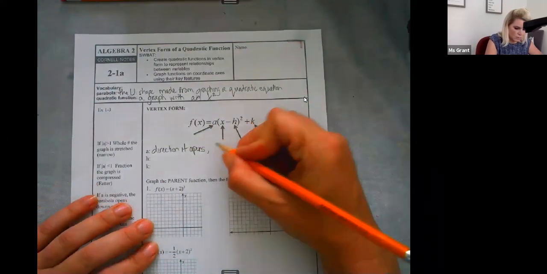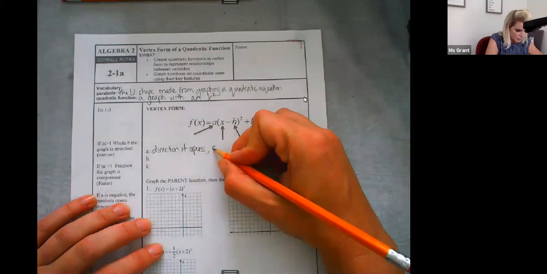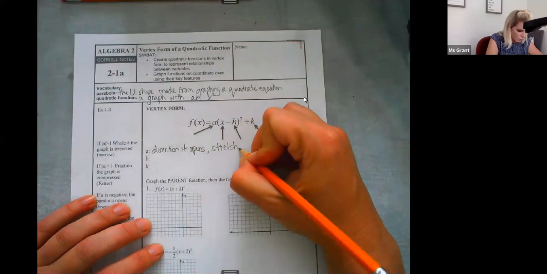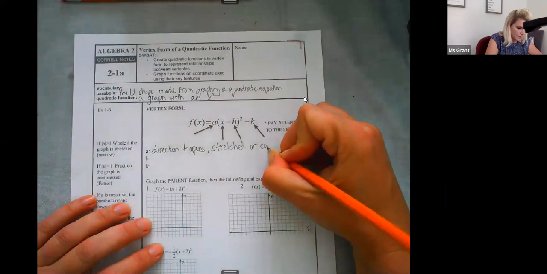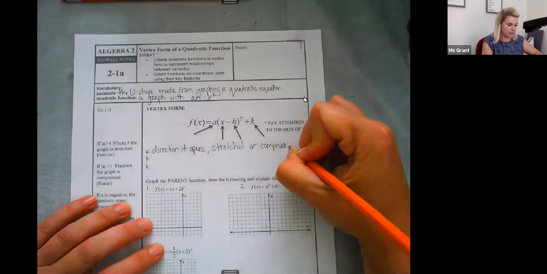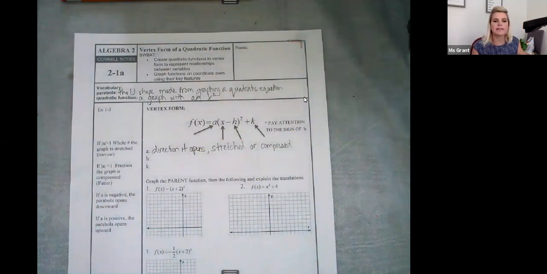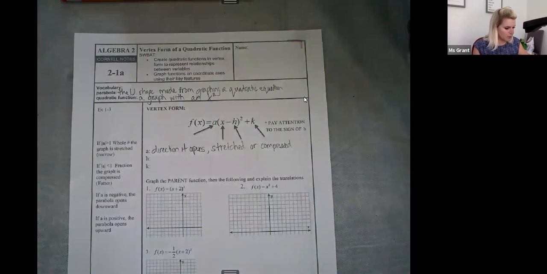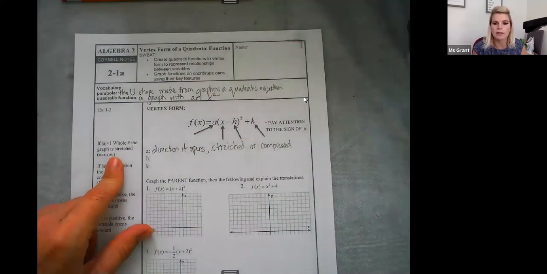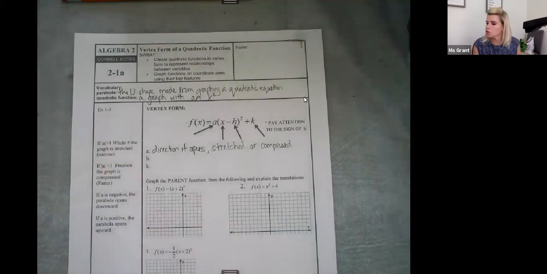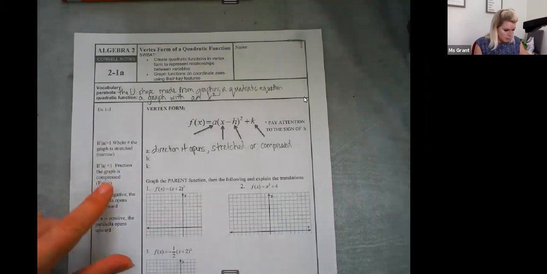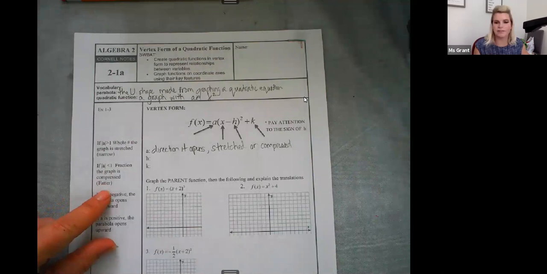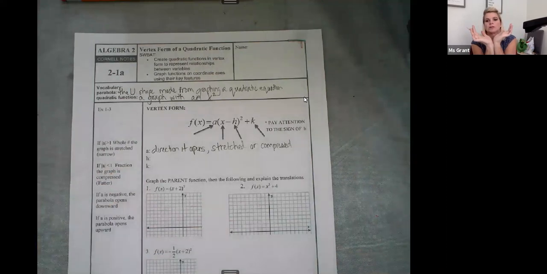And based on the number, it's either stretched or compressed. If the number itself, a, is greater than 1, a whole number, then the graph is stretched. It's narrow, closer to the y-axis. If the number is small, like a fraction, the graph is compressed, and that's fatter. It's going to get wider.